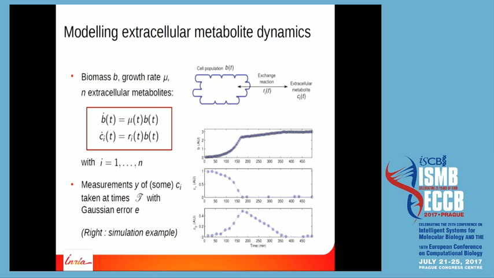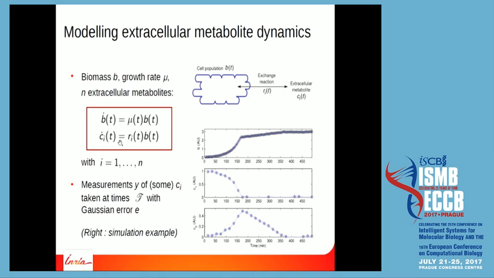And then we consider possibly n metabolites being exchanged between the environment and a cell population, and this exchange is basically described by n different equations in the state variable Ci.